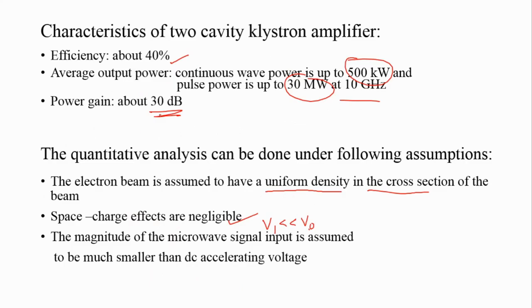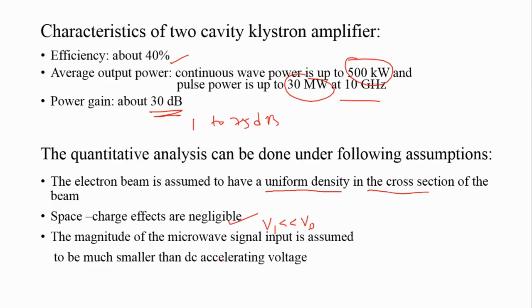Next we saw the characteristics of the two cavity klystron. The two cavity klystron was 40% efficient, and its average output power was 500 kilowatt for continuous wave and 30 watt for pulse power, and the power gain was 1 to 75 dB, but nominally we take 30 to 40 dB.